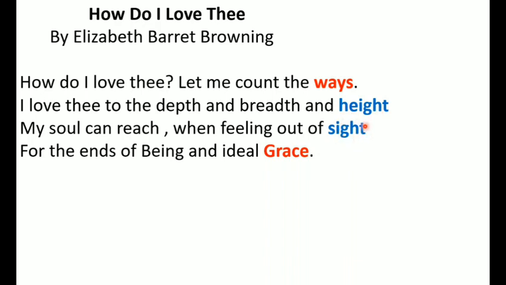We have height and we have sight. So the rhyme pattern is A, B, B, A. Now notice the sound in the first and the fourth line is the same, and the second and third lines have the same sound also. So the rhyming pattern here is A, B, B, A. Take note of that.